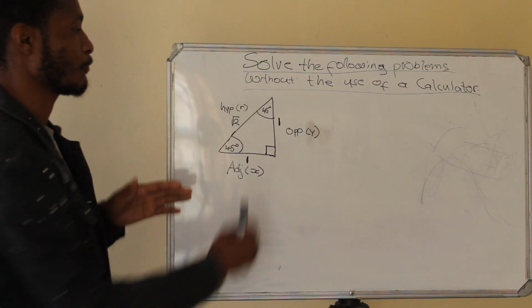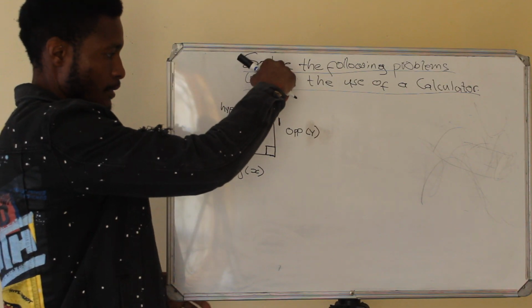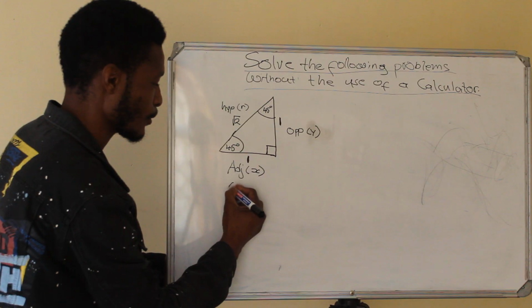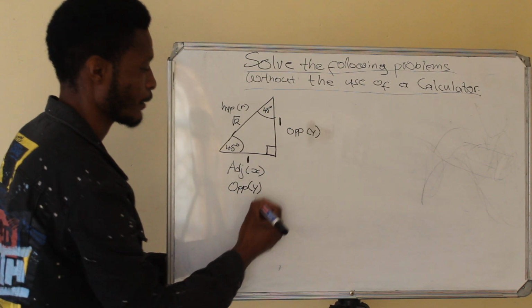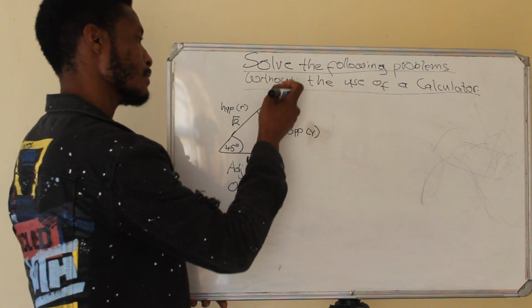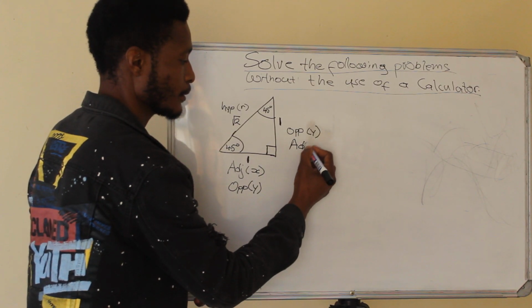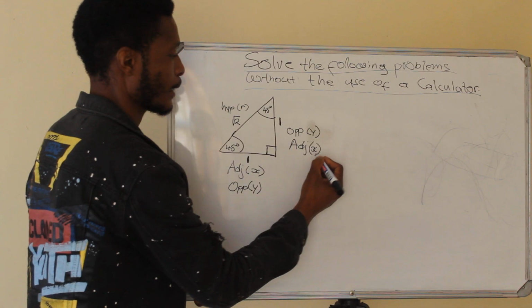Okay? Now, if you're looking at it from this angle, then this side becomes opposite, which then becomes your Y value. And then this side becomes adjacent, which then gives this one an X value.